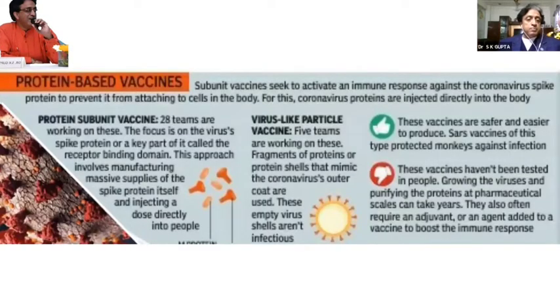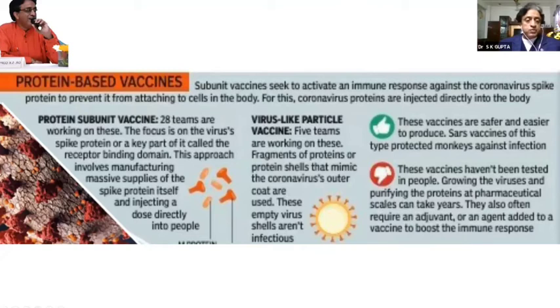Now we have the protein-based vaccines. As I said earlier, virus vaccines are slightly difficult because a good number of viruses are required to be cultured to produce them. So we have come to component-based vaccines, and we are talking about the spike protein-based vaccines. Why spike protein? Because you all know the virus surface has a number of spike proteins.